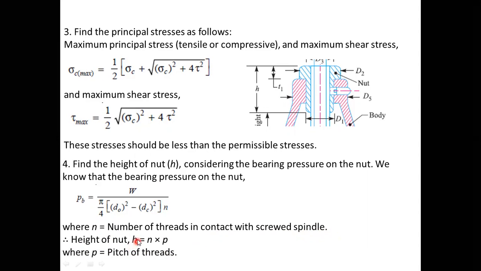Therefore, height of nut H will be n into p, where p is pitch of the thread. Here, do is outside or nominal diameter of the screw and dc is core diameter of the screw.